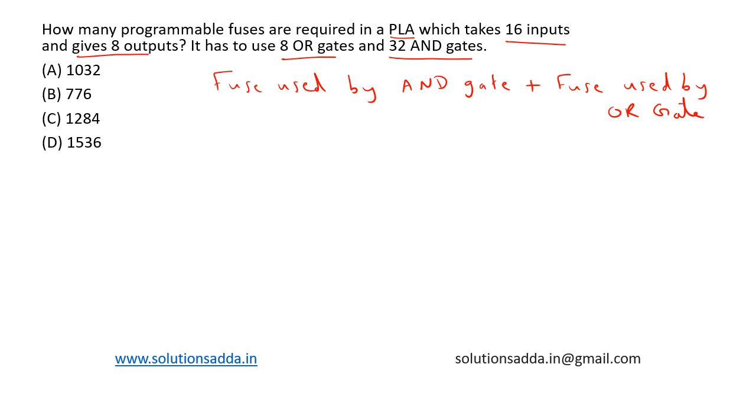So the fuses are attached to AND OR gate input, allows the input to reach the AND OR gate, and if fuse does not work, then no input can reach these gates of PLA.